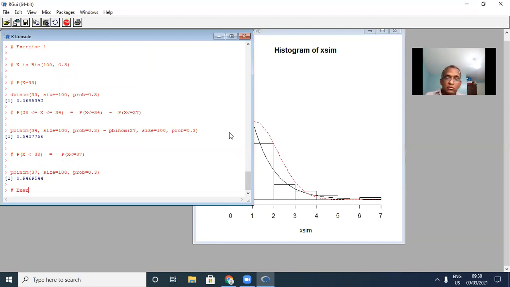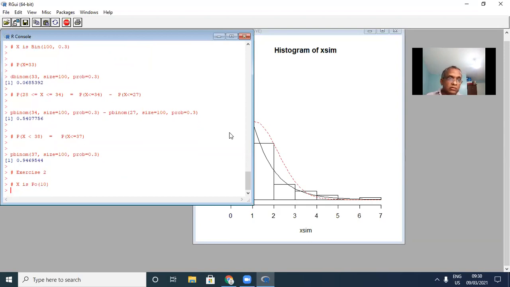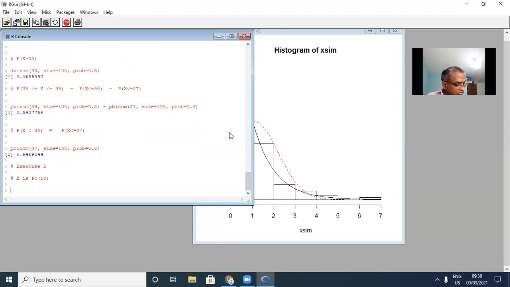Okay, let me go to exercise 2. So in this case, x is a Poisson random variable with parameter 10, right? The first thing is to draw the plot of the PMF over the range 0 to 25.